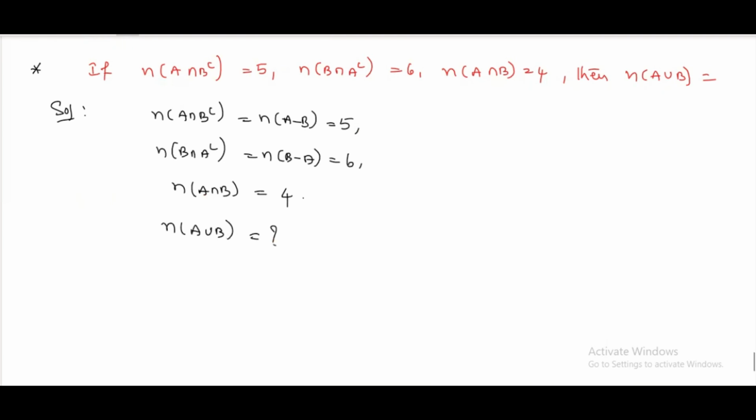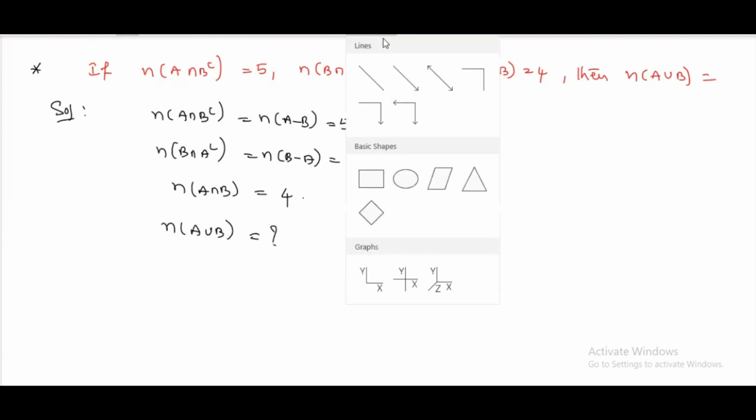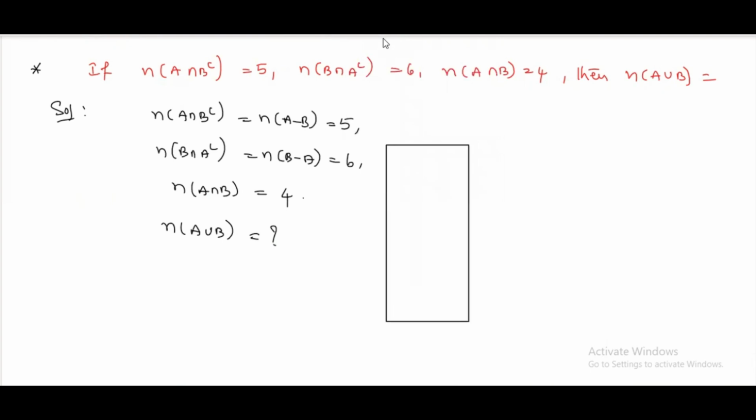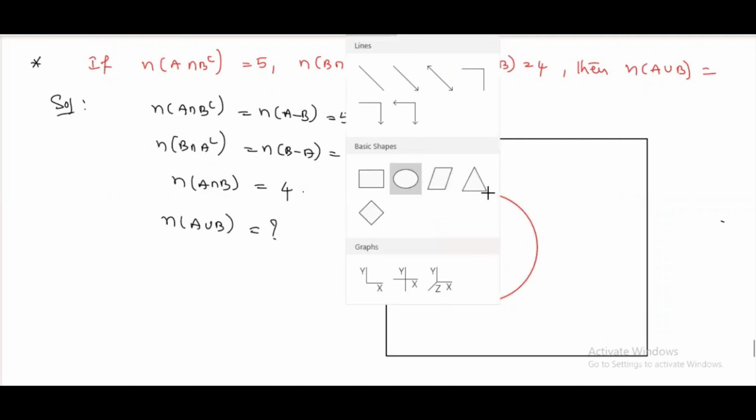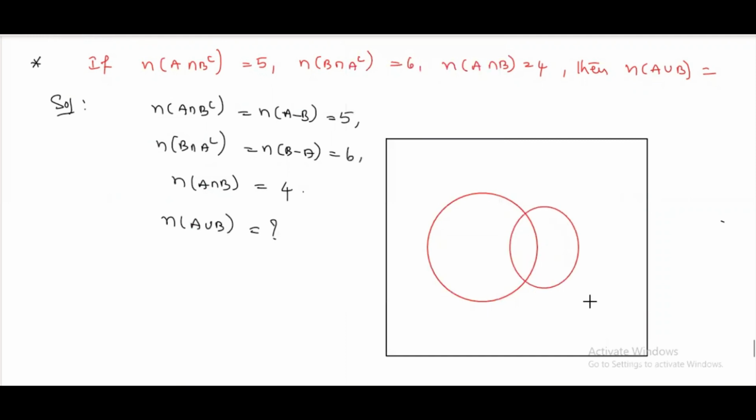So let's see by using the Venn diagram. Let's take this as our universal set, and these are our set A and our set B. So let's see now what they have given.